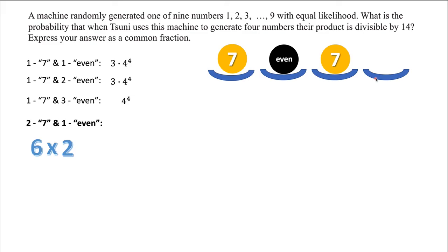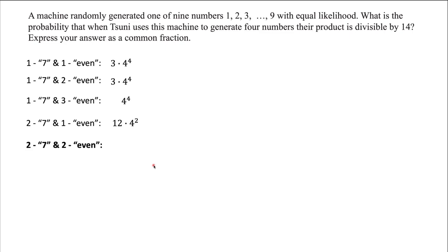Now, an even ball is actually 4 different situations. So the whole number of possibilities with 2 sevens and an even ball is 6 times 2 times 4. And now we have one extra spot left, and that spot is occupied by an odd number that is not 7. There are 4 possibilities, so we multiply what we have by 4. And that is the final answer, which is 12 times 4 to the second power.